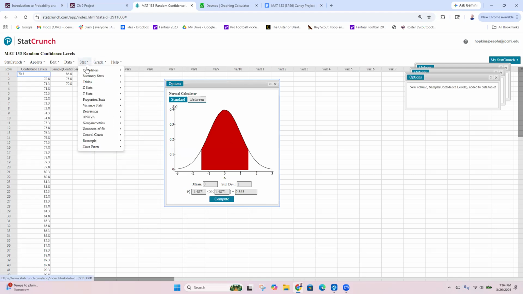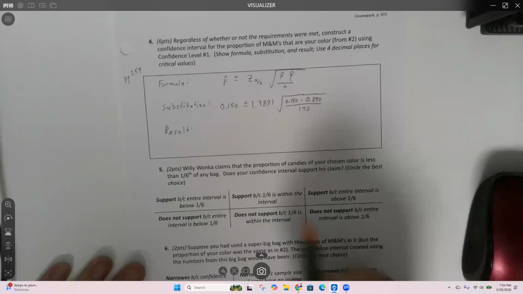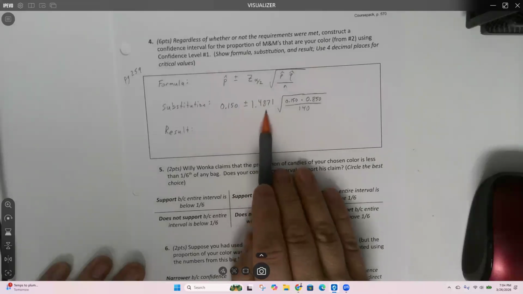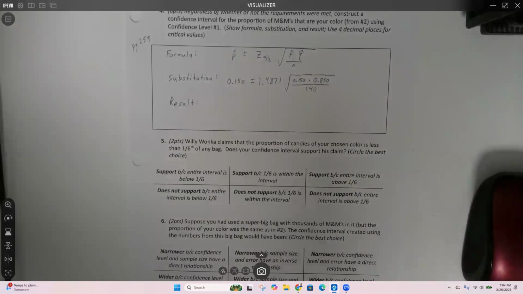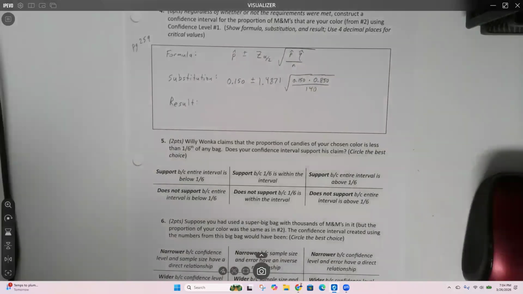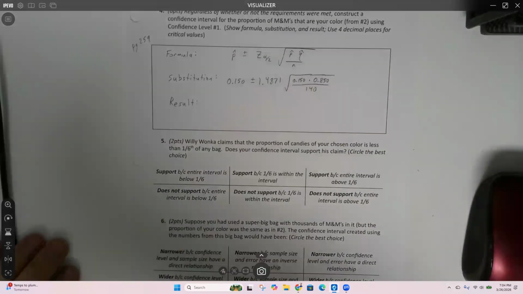So that was stat, calculators, normal, selected between, put in my confidence level, hit compute. And I'm going to write that right here for my Z alpha over 2. My mean is 0, standard deviation 1, and then I put my confidence level.